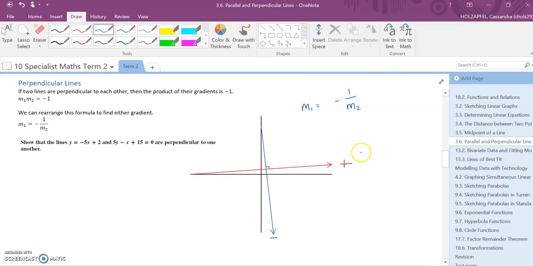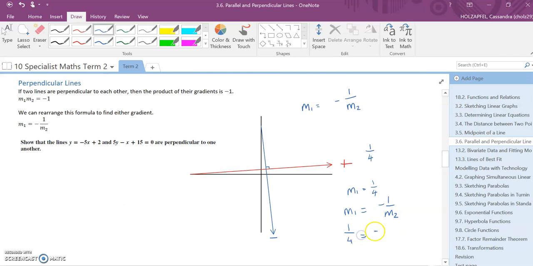Okay, so let's talk about this in real life. Say that this red line here had a slope of, let's say, 1/4. So it's a very, very shallow line. And I wanted to determine the slope of this other line. First of all, it's going to be the negative version of this, and then it's going to be the reciprocal of this. So let's substitute it into our formula and see how this works. The slope M1 is equal to 1/4. M1 is also equal to the negative reciprocal of our other slope.